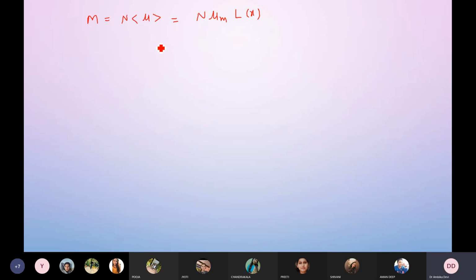Now we need to evaluate the Langevin function for two different cases.